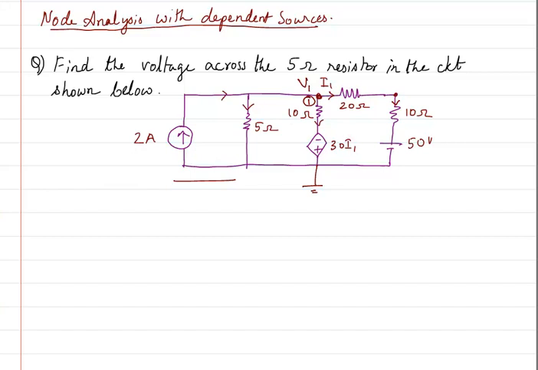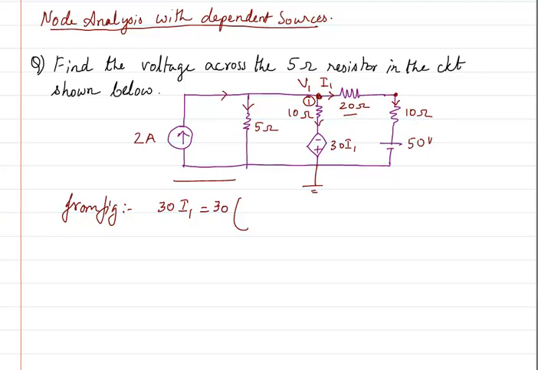Now I'm going to go straight from here. First I have to define I1. The dependent source, from the figure, is 30 times I1. Now what is I1? I1 is the current flowing between V1 and the 50 volt source through the total resistance of 20 and 10, that is 30 ohms.